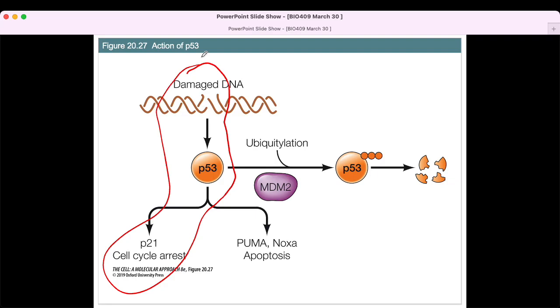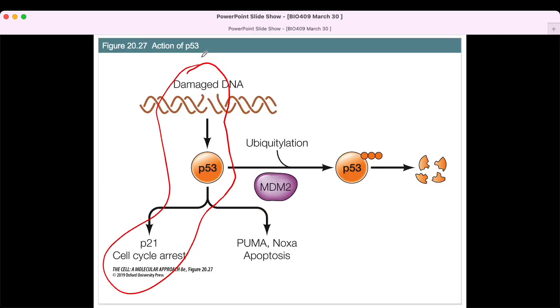Let's hold on, folks, and get that DNA damage repaired and then go into S phase. So when there's DNA damage, this protein, P53, gets activated. And it's a transcription factor, and it binds to an enhancer of this P21 gene and activates its expression, and P21 is a small inhibitory phosphate protein.